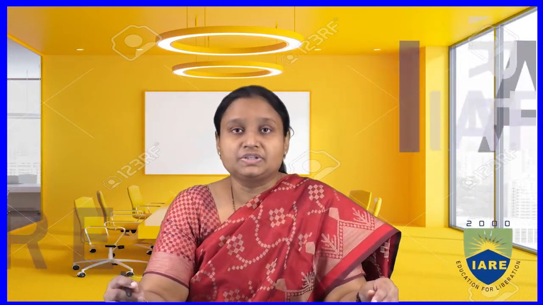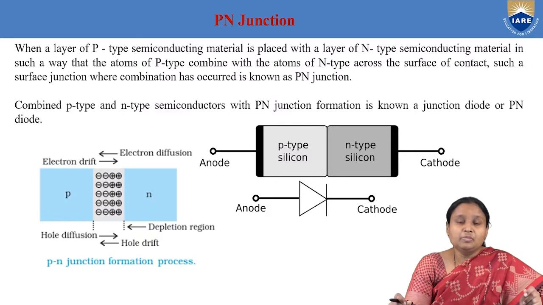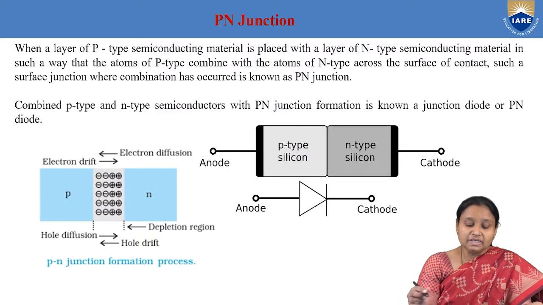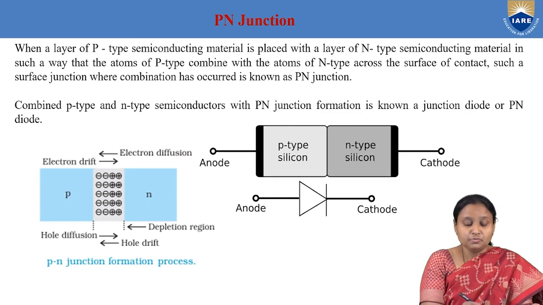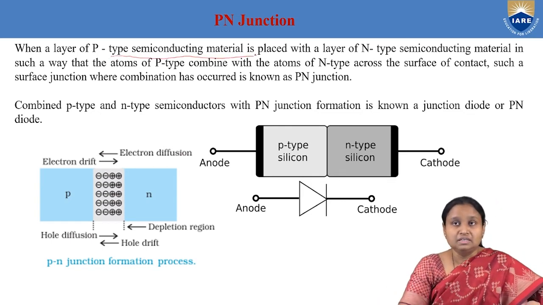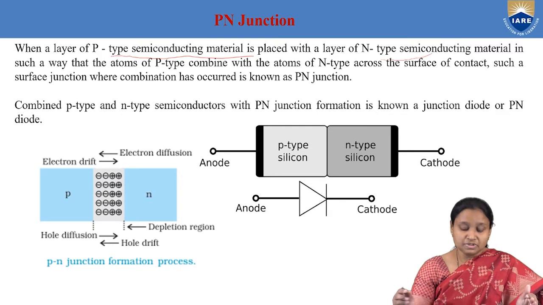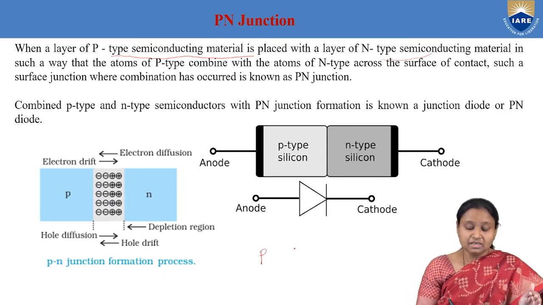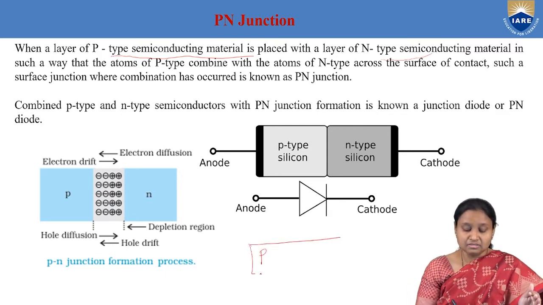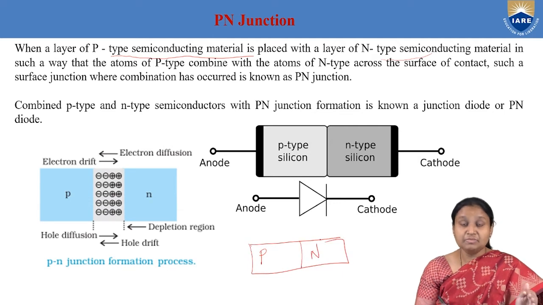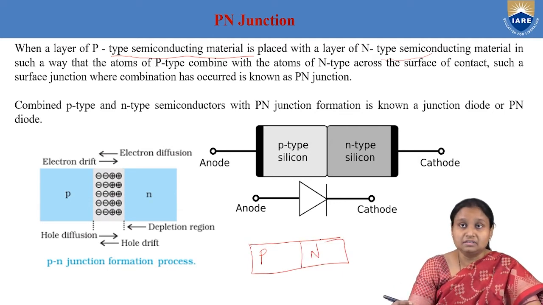So proceeding further, what is a PN junction? Generally, a PN junction is formed when a layer of P-type semiconducting material is placed with a layer of N-type semiconducting material. So we are going to take a P-type semiconductor and an N-type semiconductor, and then join them together.